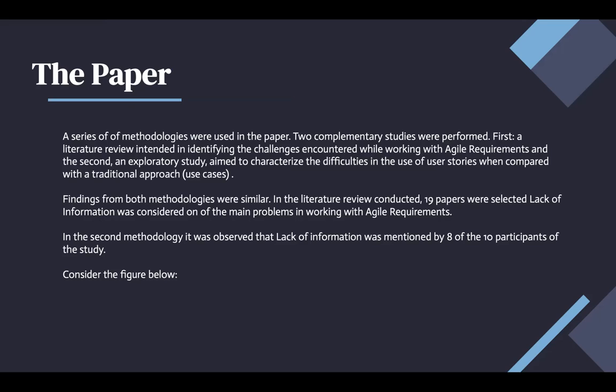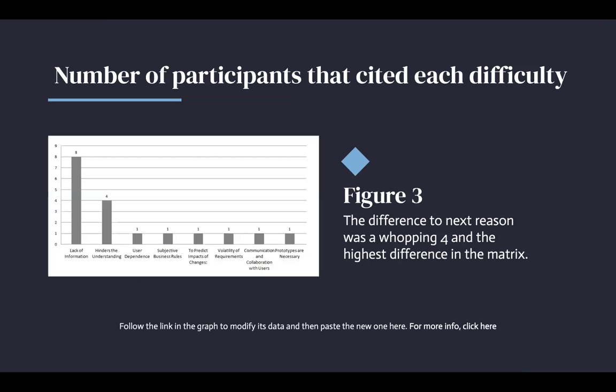Findings of both methodologies were similar. In the literature review conducted, 19 papers were selected. Lack of information was considered to be one of the problems, in fact, the major problem in working with agile requirements. In the second methodology, it was observed that lack of information was mentioned by 8 of 10 participants in the study. Now consider this figure below.